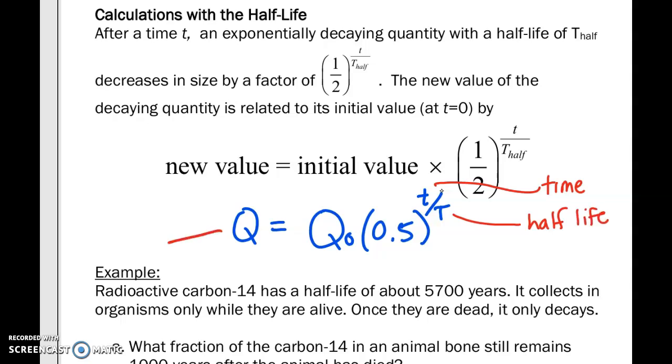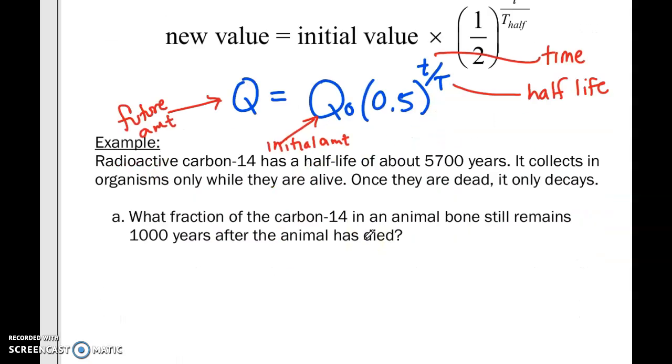Q is the future amount, or the new value, and Q sub 0 is the initial value. Whenever you have a sub 0 on a variable in math, it means the initial amount. We'll have 0.5, or you can use the fraction 1/2. It doesn't matter. On the formula sheet, you're going to see this in one of those boxes right next to the doubling time formula.